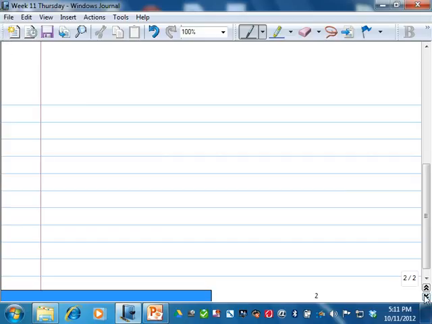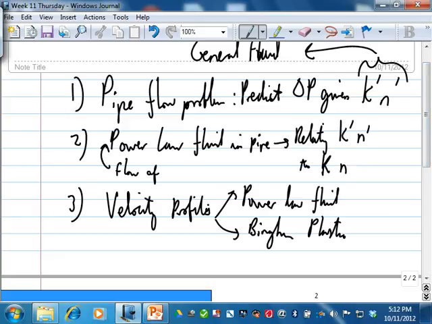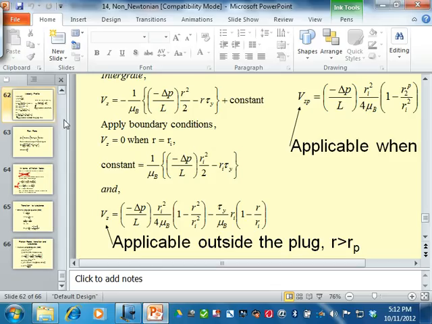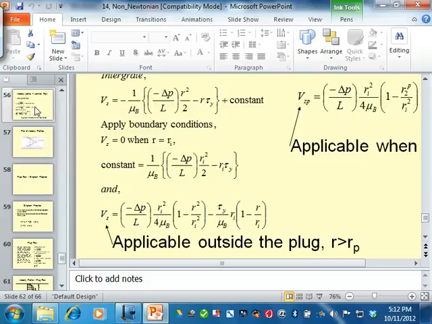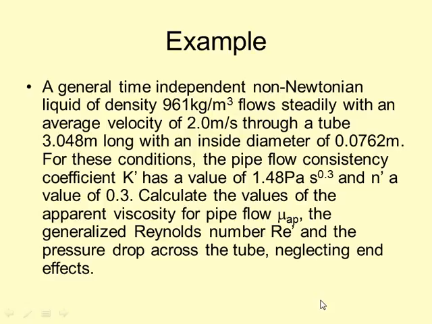Okay. Velocity profiles. Look at the pipe flow velocity profile. So, let's start with this problem here.